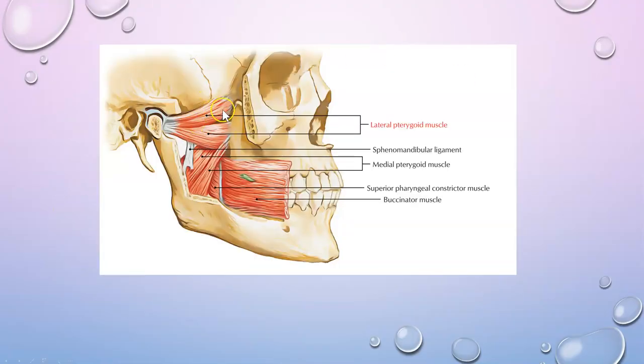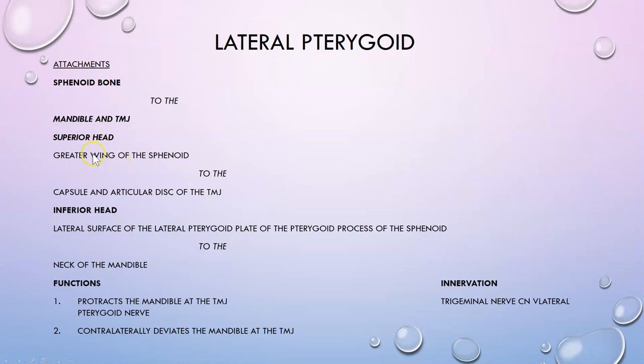So at the top we have a superior head, an inferior head, and this is the sphenoid here, and the TMJ back here. So the superior head is the greater wing of the sphenoid, which is a bone of the skull, to the capsule and the articular disc of the TMJ.